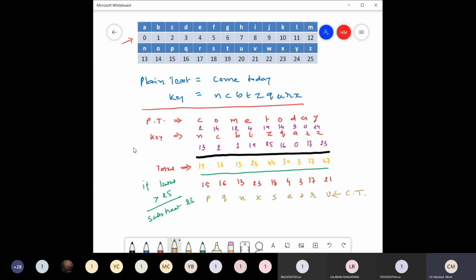After that, we convert the numeric values into alphabets, and whatever alphabet we get is the ciphertext of the given plain text using the given key. So this is all about the one-time pad encryption algorithm.